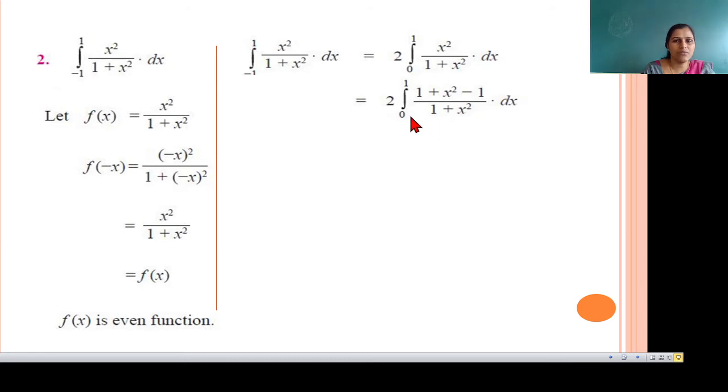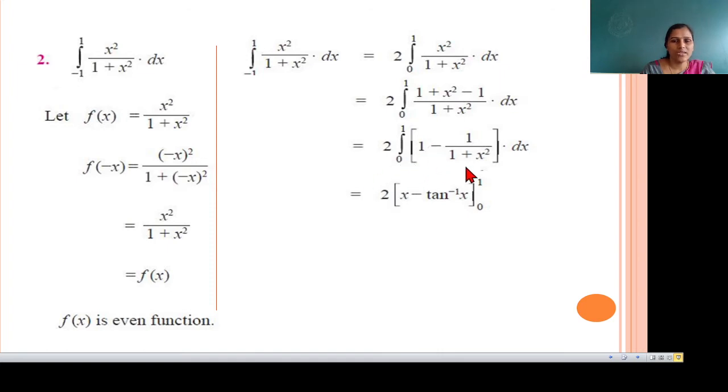In the next step, 2 times integral 0 to 1, we adjust the numerator like this: 1 plus x square minus 1 divided by 1 plus x square into dx. So it will be 2 times integral 0 to 1. After taking separate fractions, we get 1 minus 1 divided by 1 plus x square into dx.